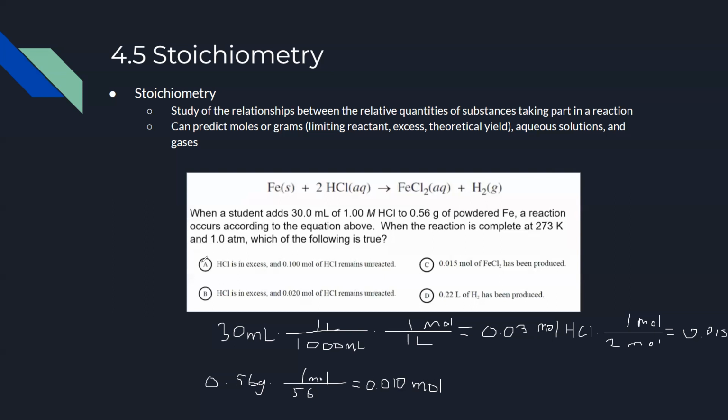So you can cross out the options A and B. And also, C is showing that 0.015 mole of FeCl2 was produced, that's not true because there's only 0.01 mole that was produced. Then D is the correct choice due to elimination of all the other answers.